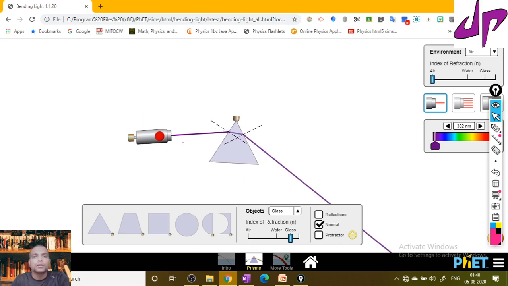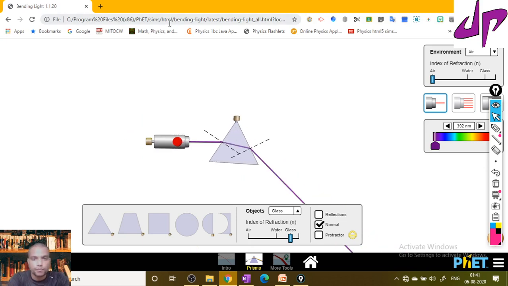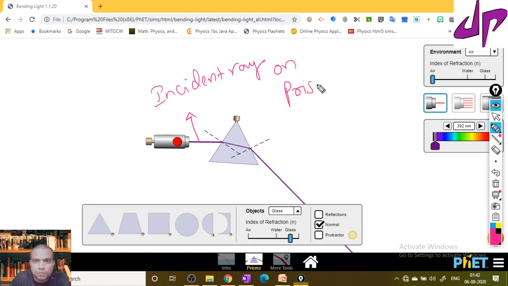Now if you notice properly, this is the angle of incidence, the incident ray on the prism, and this prism is made of glass. Here we can change the object type, so we can take glass or water or air. I prefer to take glass.